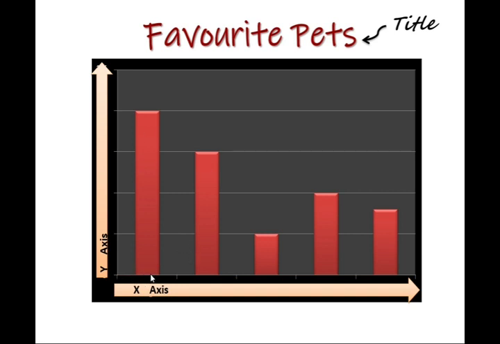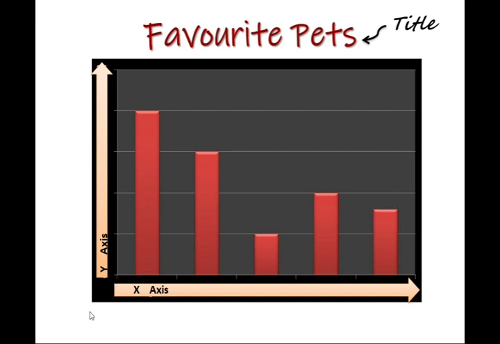So the x-axis is the base from where our bars are drawn. The y-axis gives us an indication of the different heights of each bar. The y-axis can be a number that represents each bar.